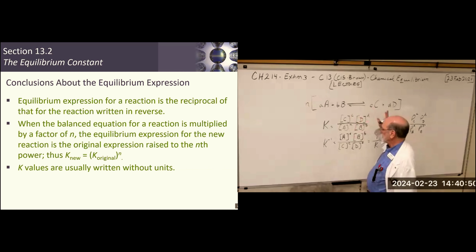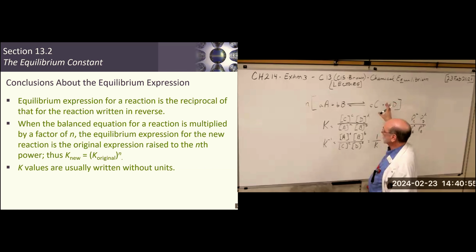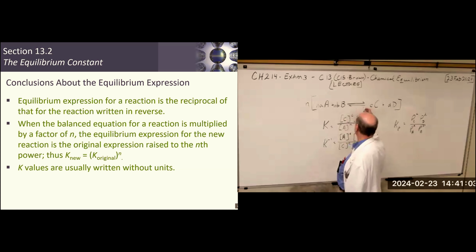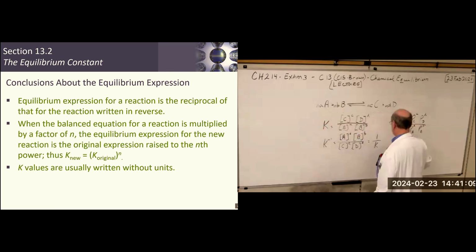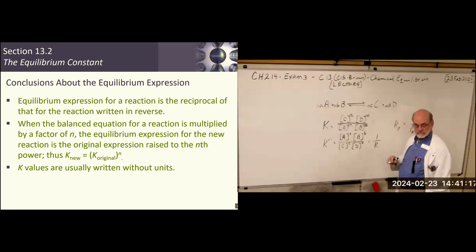If we were going to multiply N times one of these equations, what would that do to this expression right here? Well, it would be N times each one of these, wouldn't it? N, N, N, and N. So each one of these would have an N in front of it, wouldn't it?